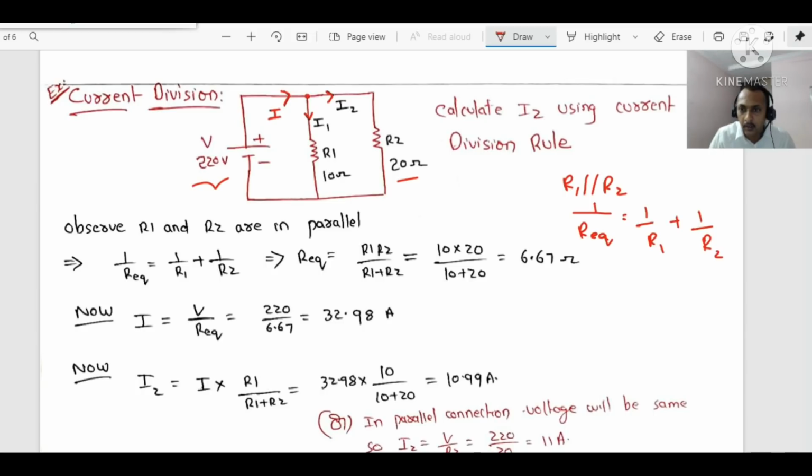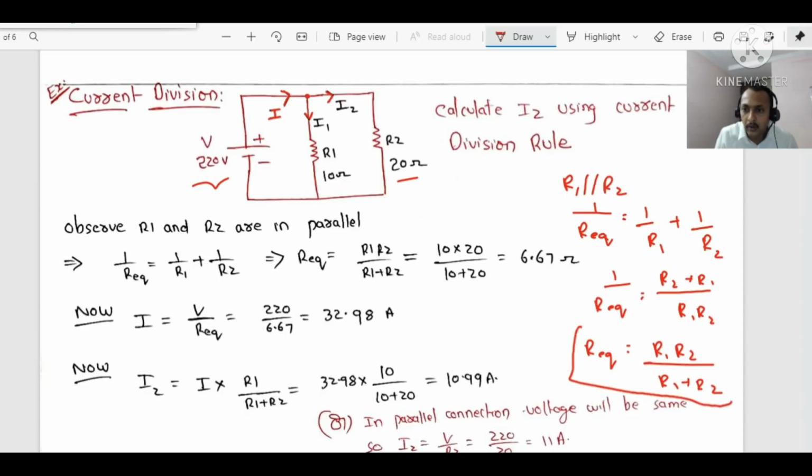This is when two resistors are connected in parallel. If you take out LCM R1 R2, you will get R2 plus R1, and this is equal to 1 divided by R equivalent. So R equivalent is simply R1 into R2 divided by R1 plus R2. This is the case when two resistors are in parallel.